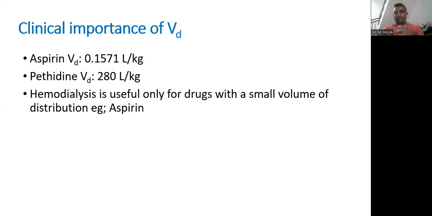You are doing hemodialysis, that means you are purifying the blood. So aspirin and pethidine, mainly aspirin is inside the plasma or blood because it has very low volume of distribution. So via hemodialysis, you will remove aspirin successfully. You may not be able to remove pethidine successfully.